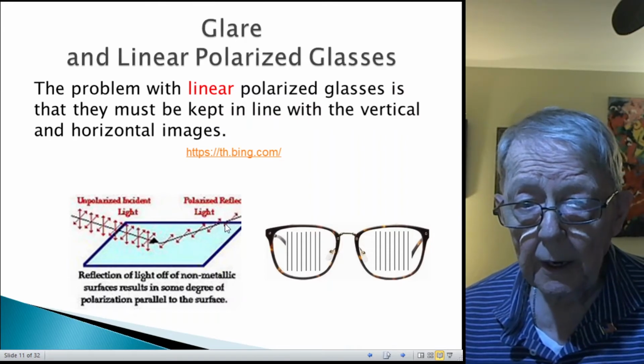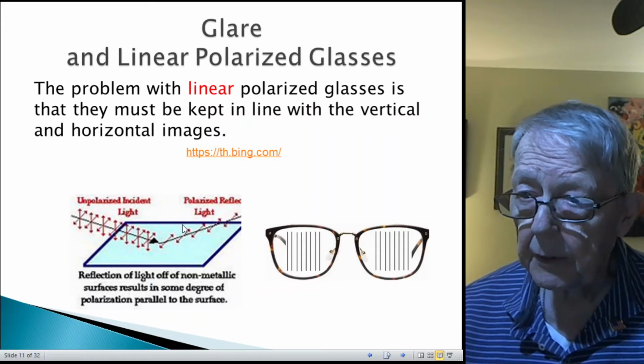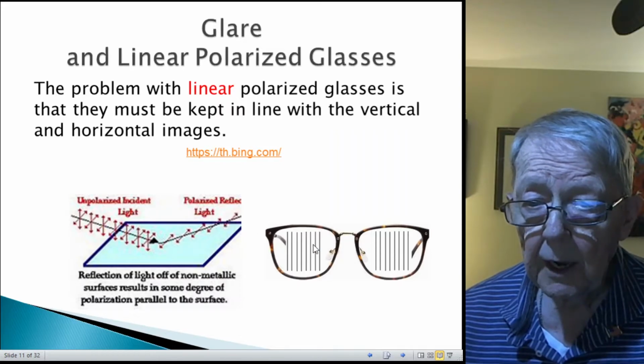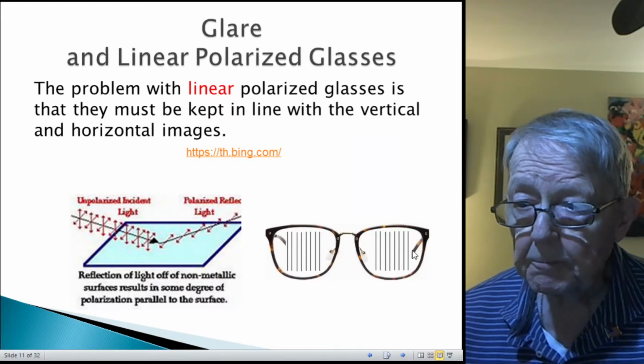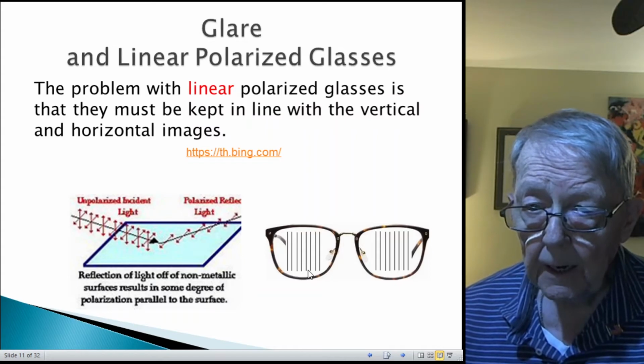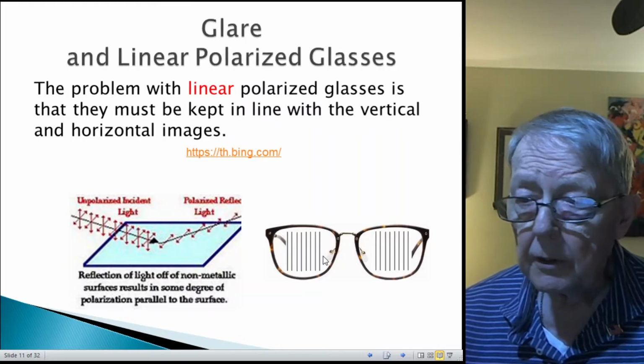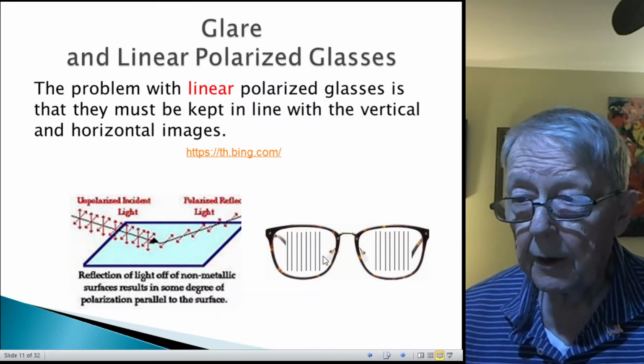And this is white light that is literally reflected like a mirror coming at you. And if you're wearing glasses that have vertical striping, it'll cut it down because the glare is horizontal. And yeah, you get some glare through, but a lot of it's cut down.